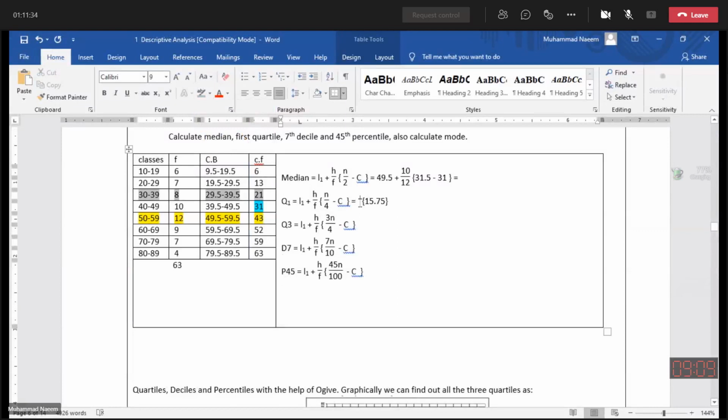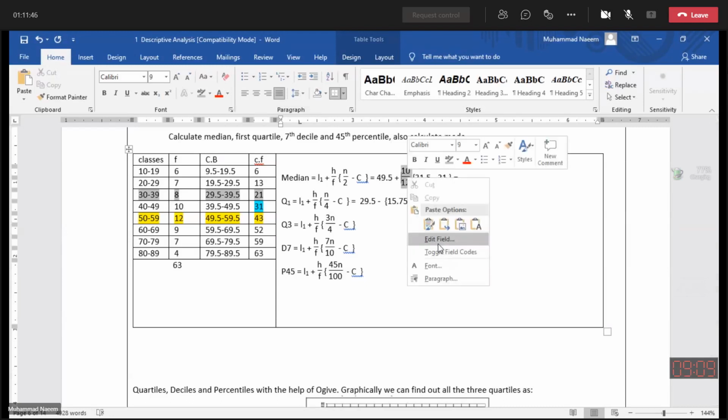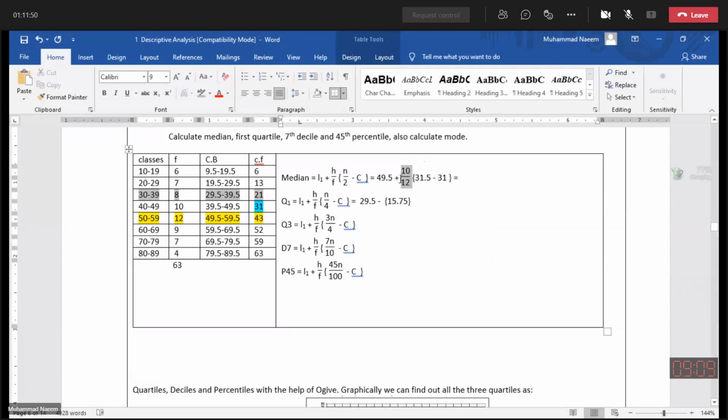Now easily we can trace out the other values. 29.5, the value of L1. The value of H remains the same because all the class intervals are the same.